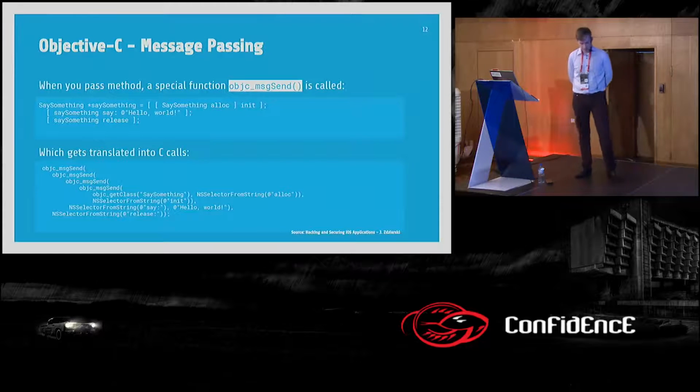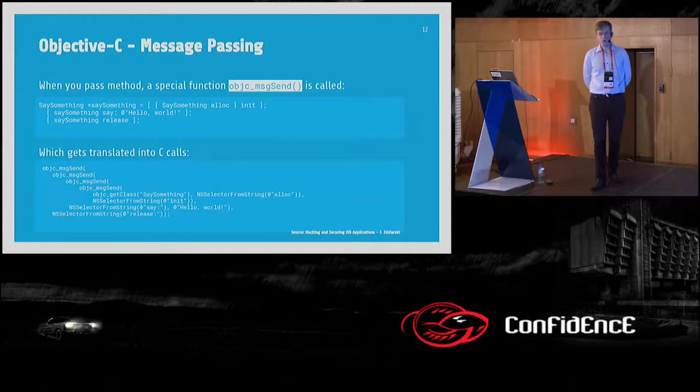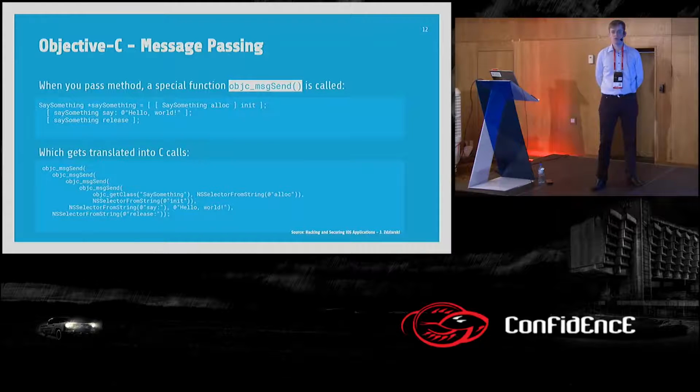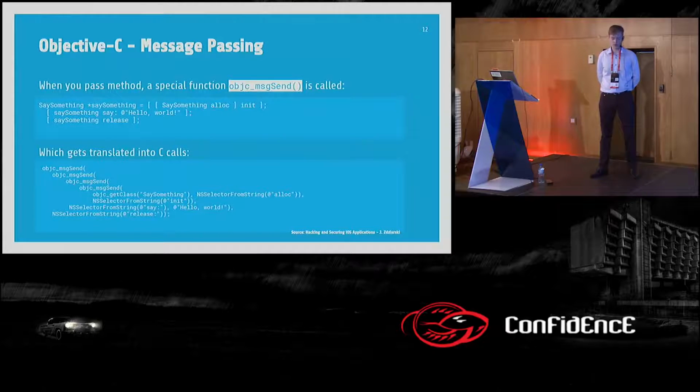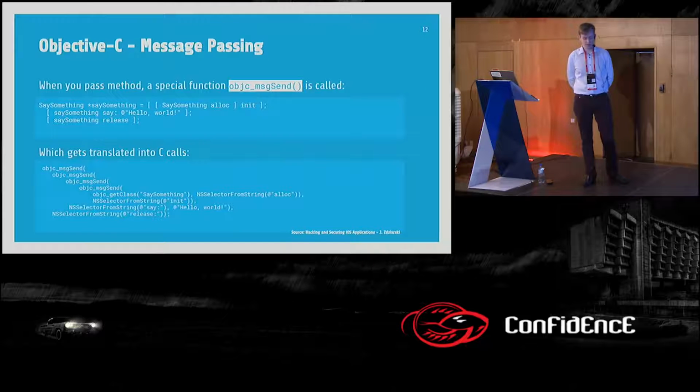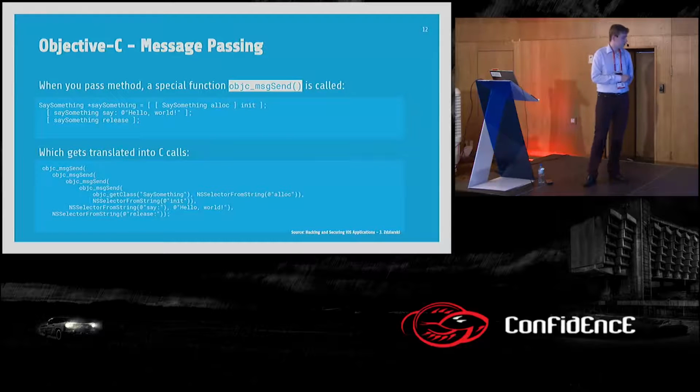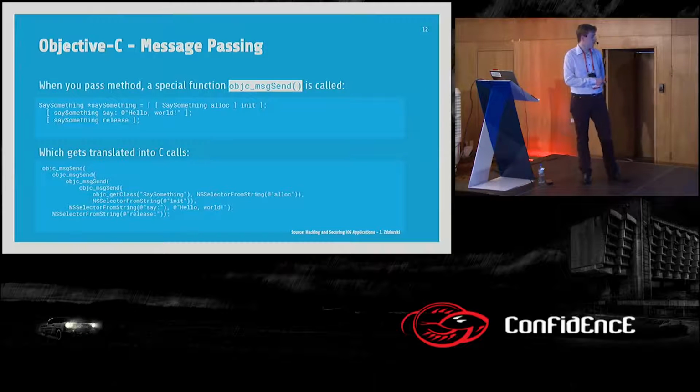Okay, so it's interesting what happens under the hood in Objective-C, because you don't actually call a method. You actually pass a message to an object. And what happens under the hood? In the Objective-C runtime, you have a function called objc_msgSend. Here is an example from Jonathan Zdziarski's book.